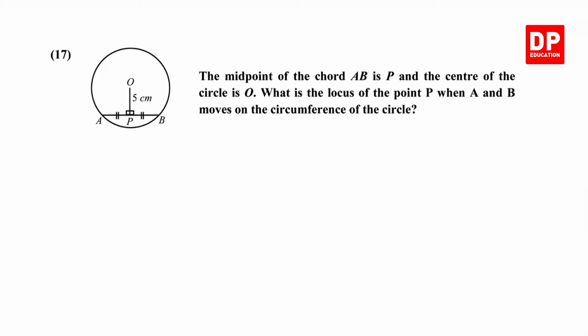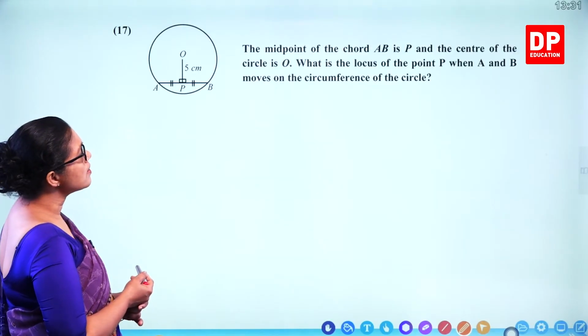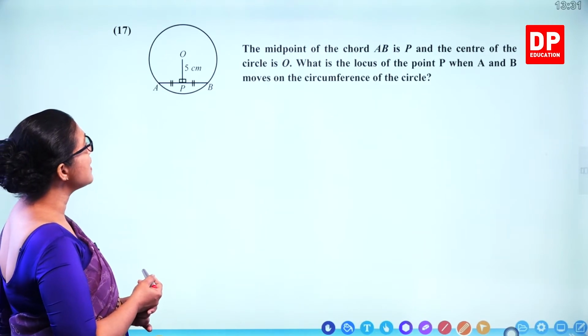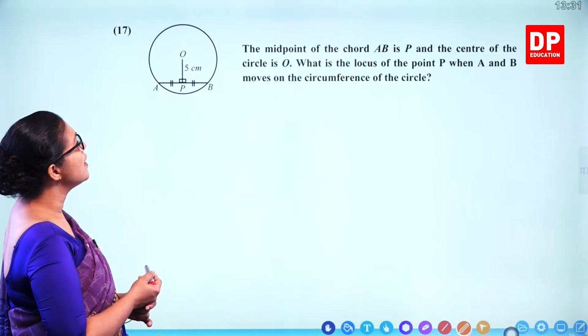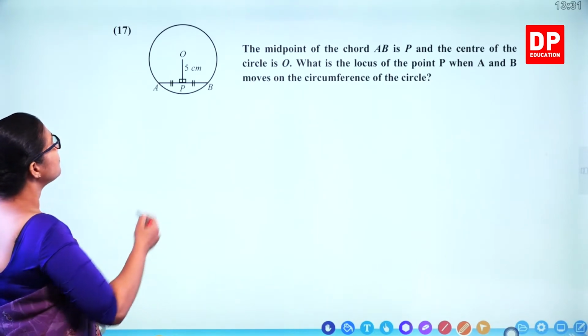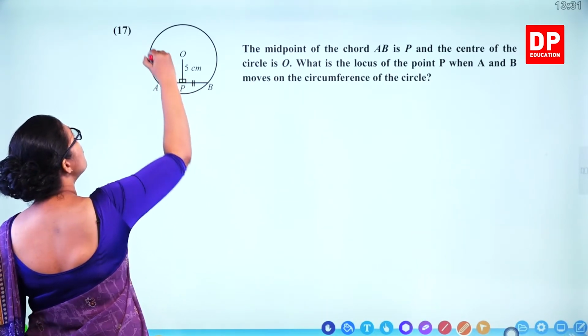Question number 17. The midpoint of the chord AB is P and the center of the circle is O. What is the locus of the point P when A and B move on the circumference of the circle? So that means A and B move around this.